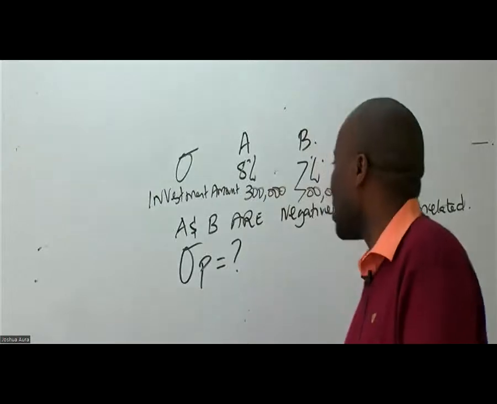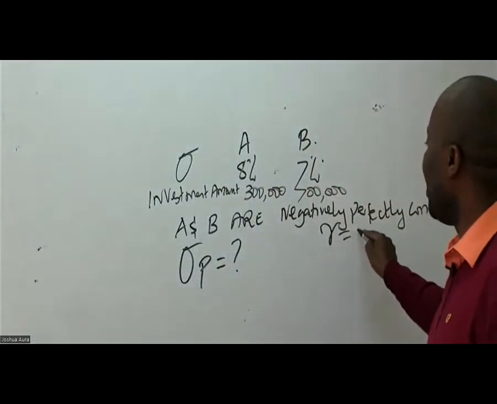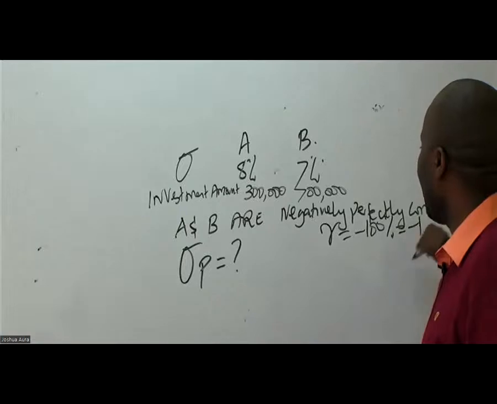So R here is supposed to be negative 100%, which is the same as negative 1.